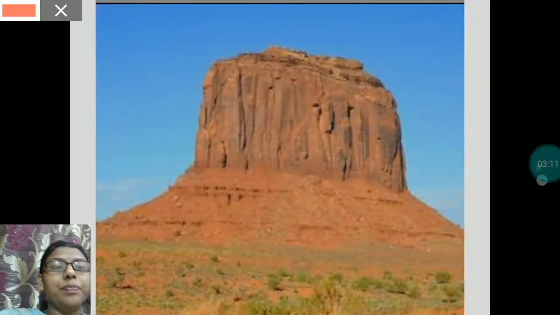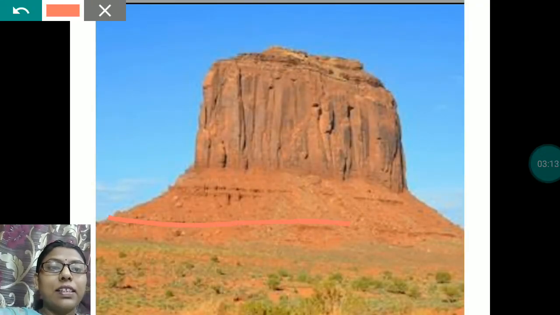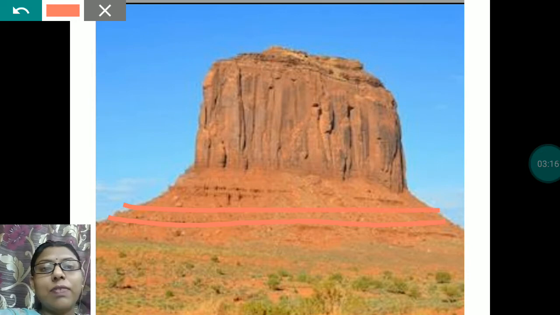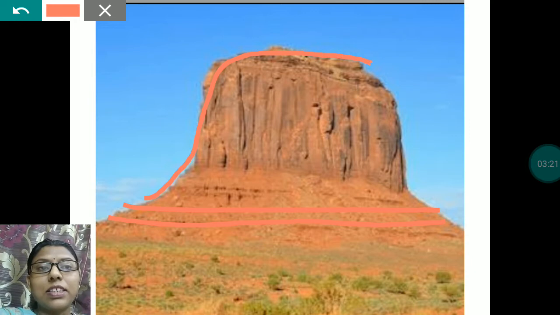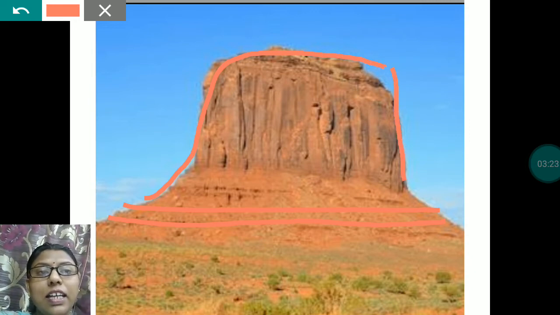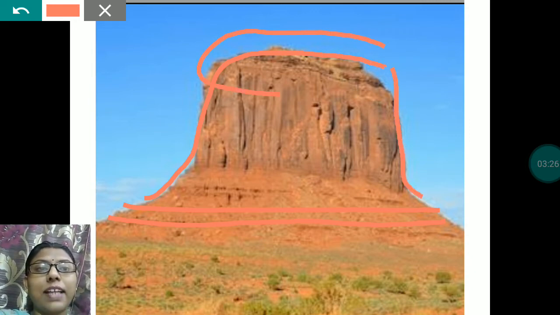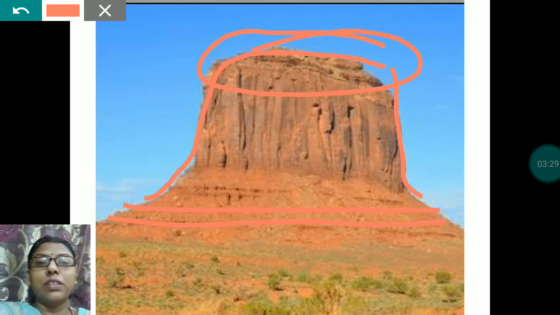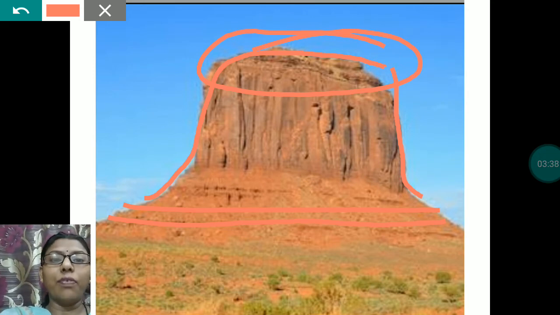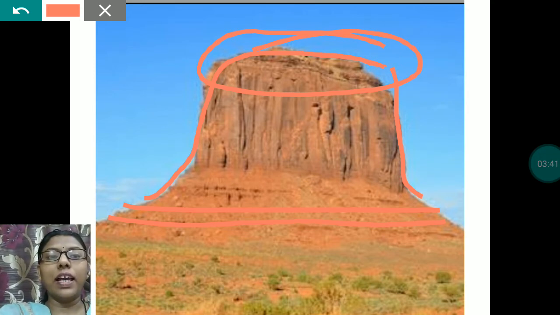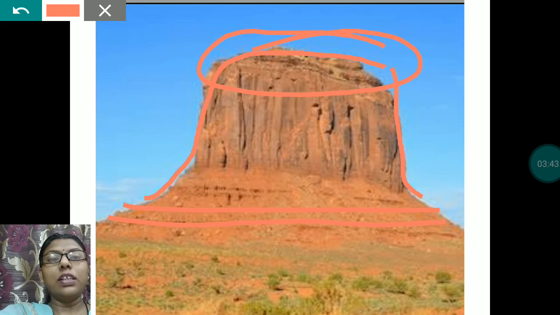Here you can see this is flat land, and in this flat land this area is elevated, means raised, and in the raised area upside you can see this is again a flat area. This is known as a plateau. The flat area of an elevated upland is known as a plateau.